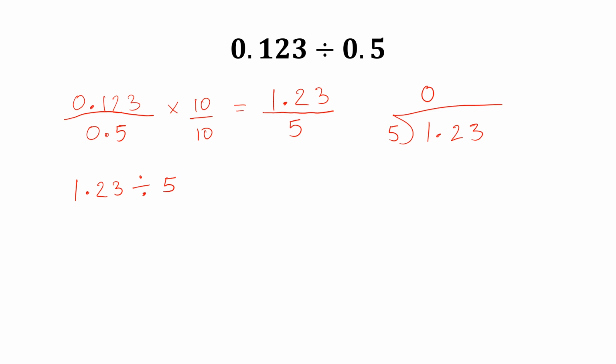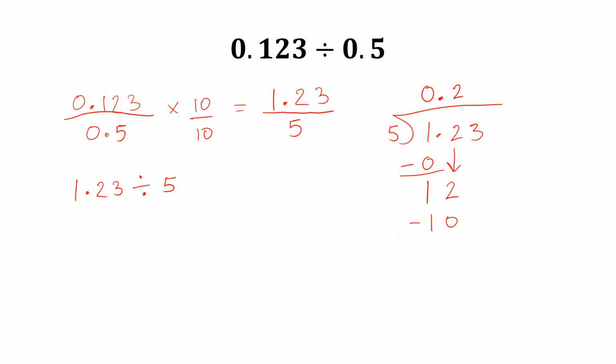Then we multiply 5 times 0, we'll get 0. Afterwards, we'll subtract 0 from 1 and we'll have 1. Afterwards, we'll carry down the 2. Now we are going to divide 5 into 12. Now, 5 into 12, that goes 2 times. Afterwards, let's multiply 2 times 5, that will give us 10.